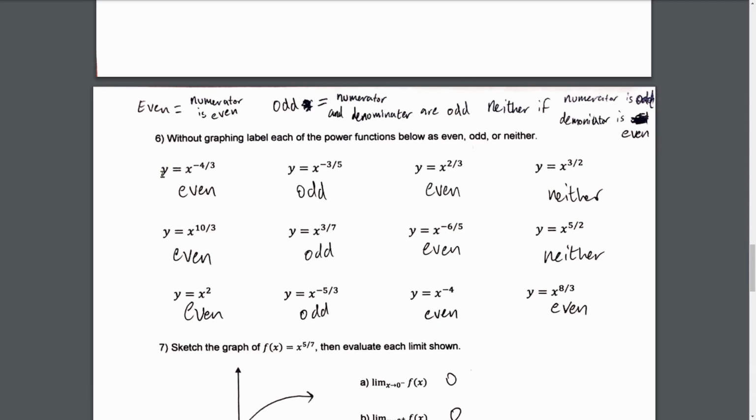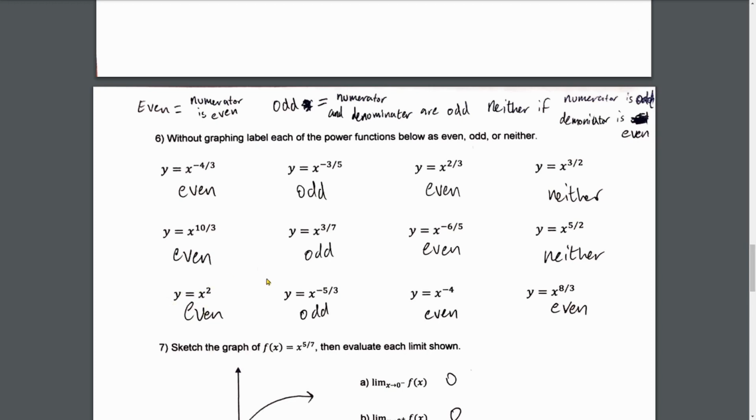Looking at this first one, y equals x to the negative 4 over 3. We can see that our numerator is even, our denominator is odd, so we would write that this function is even. We have y equals x to the 10 over 3. Again, our numerator is even, so this function would be even. Next is y equals x squared.